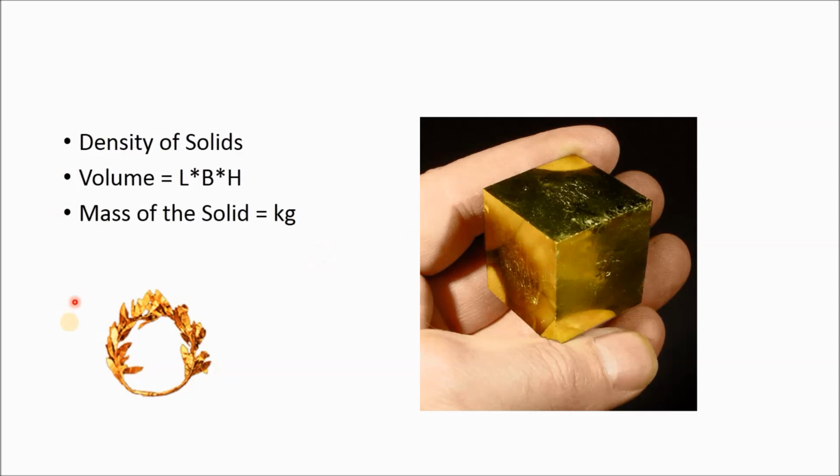But the crown is an irregular shape. We can't measure its volume; we can't measure length times breadth times height. It is totally different. It is not round, and even if it were round, the leaves are there on it. So how to do that? This was the problem he was thinking about daily: how to measure the volume of a crown.